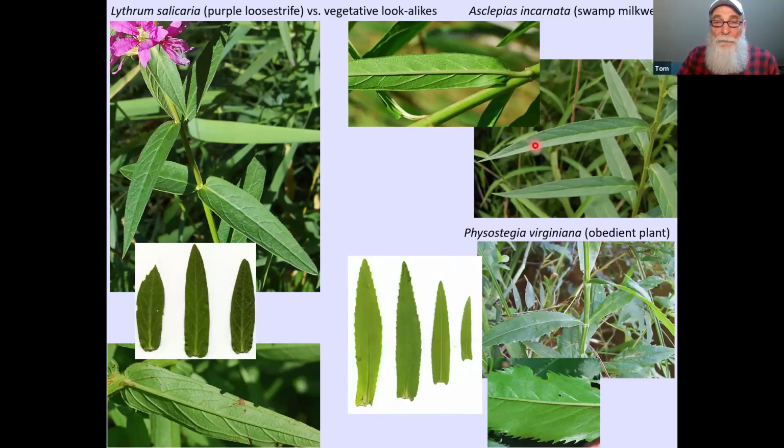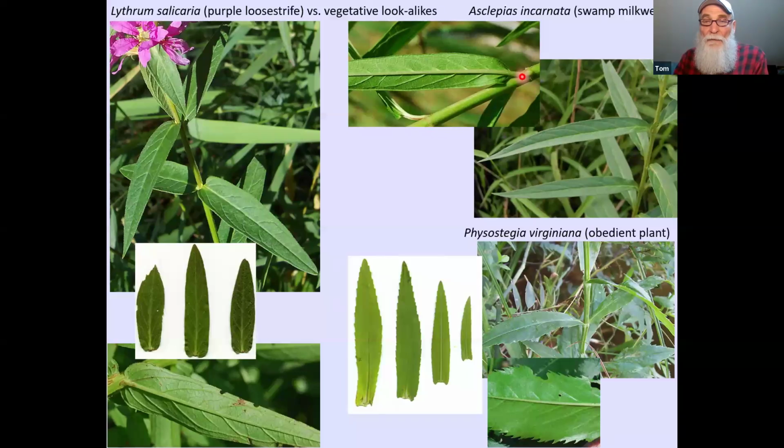So what's the difference? Well, hopefully you would think of the one thing with the milkweed, that you can tear this leaf a little bit here and you should be able to see some milky latex. Milky latex is certainly present in swamp milkweed. The only milkweed it's not really present in is butterfly milkweed. And the other thing is that swamp milkweed is going to have a pretty well developed petiole.